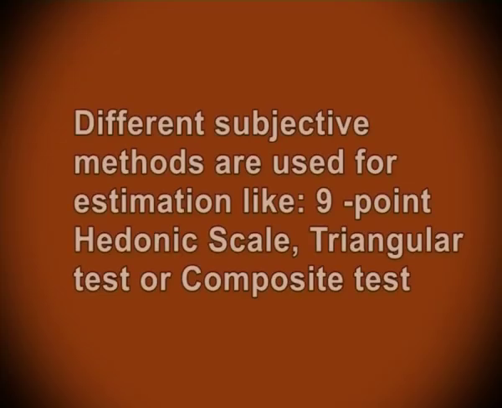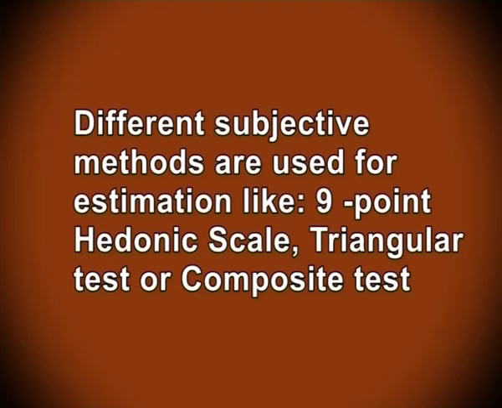It is by experience of the individual. Different subjective methods are used for estimation like the 9-point hedonic scale, triangular test or composite test. This evaluation by trained panelists, a limited number, is also referred to as analytical analysis. Results of such methods are fairly reproducible.